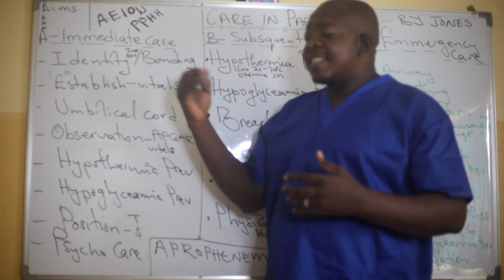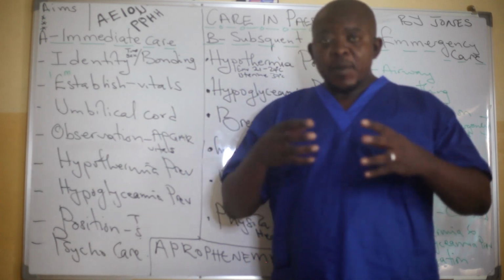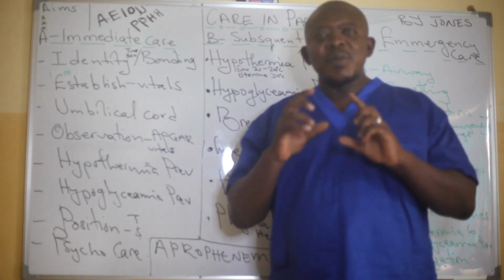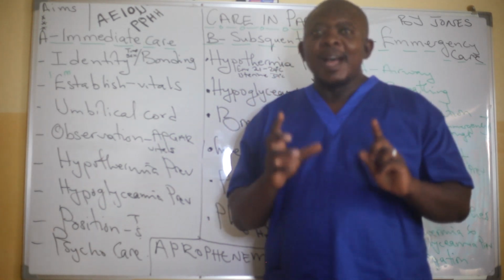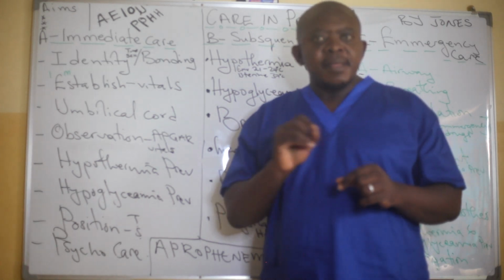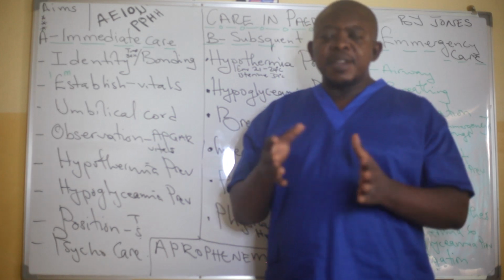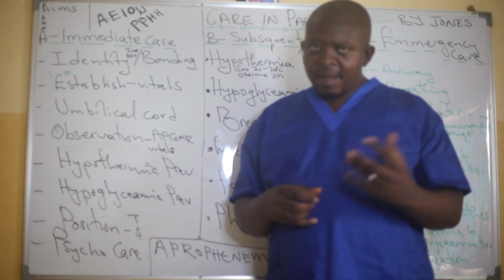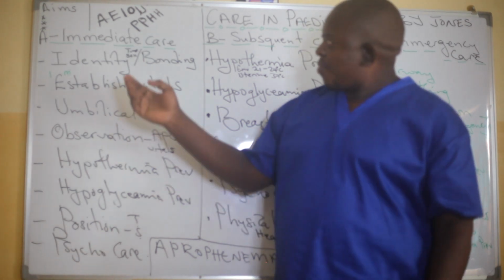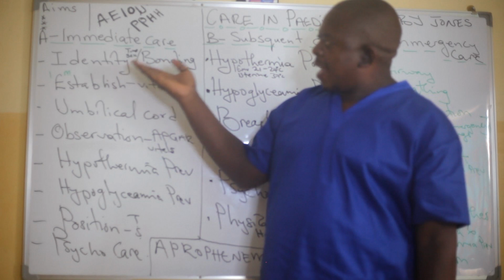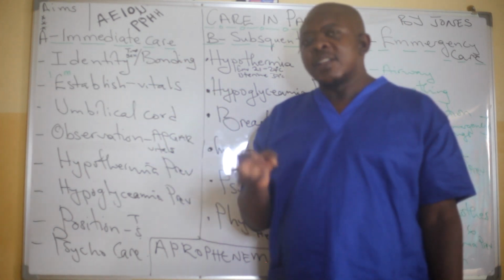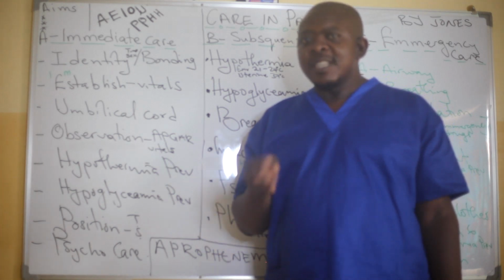To do with identity, when you show the mother the baby after the baby is born, they will identify the baby, and that enhances the bonding. So that's why the issue of bonding came a little bit separate from the identification of the infant. So that is one of the elements under the immediate care of the newborn: identity, where you have to identify the time the baby is born and the sex.